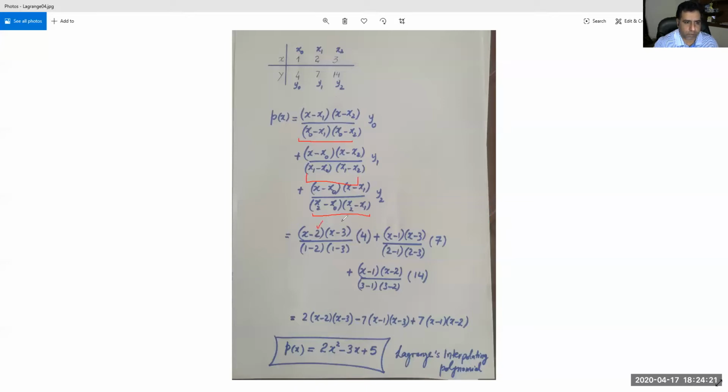X minus X1, X minus X2, X naught minus X1, X naught minus X2 times Y naught, plus so and so forth. I have already explained this in my Zoom session live with you. Of course, by simplifying this, you have this second degree polynomial, and data can be verified very easily.